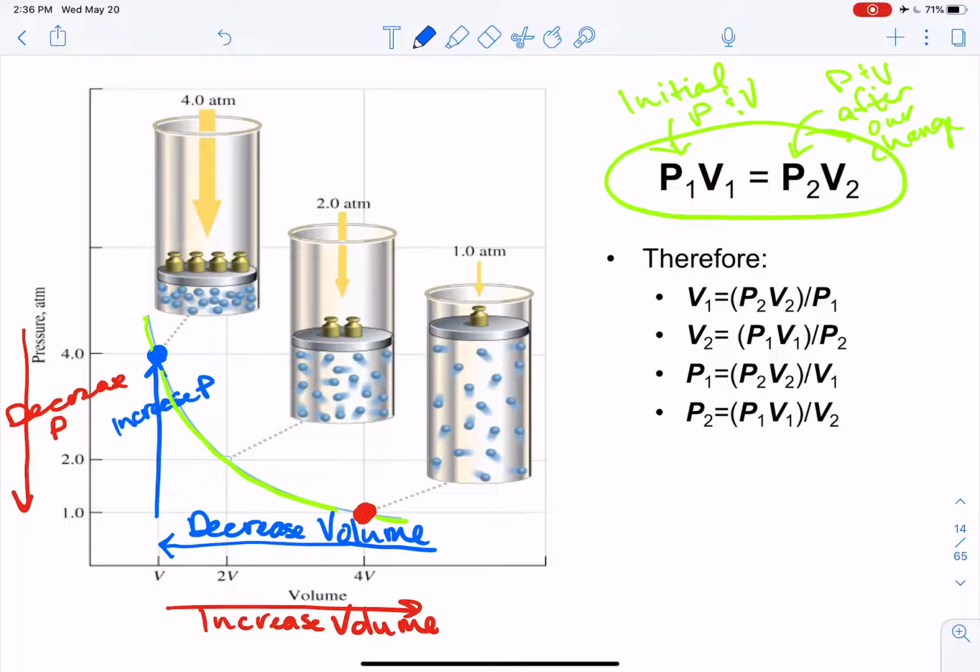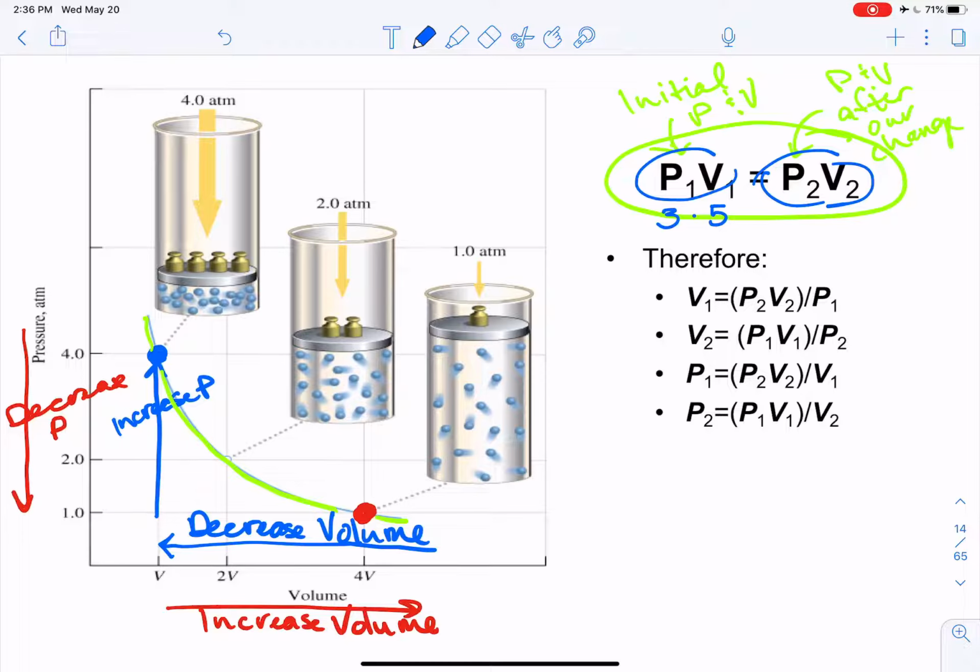Say your initial pressure is 3, maybe it's 3 atm or 3 inches of mercury or whatever pressure unit you want. And your original volume is 5 milliliters or 5 liters or 5 fluid ounces, whatever you want. Well, this side of the equation needs to equal this side of the equation.